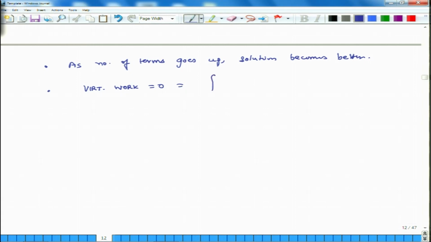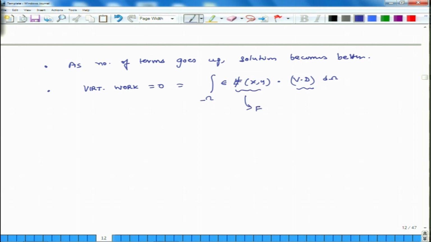what are we saying? We are saying that the integral over the overall domain of the problem, integral of what? Error, which is a function of x and y, times virtual displacement d omega and multiplied by small parameter epsilon, this is to be 0. So, this is the virtual displacement and this is the error. What is this error?